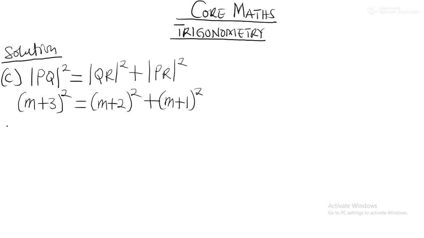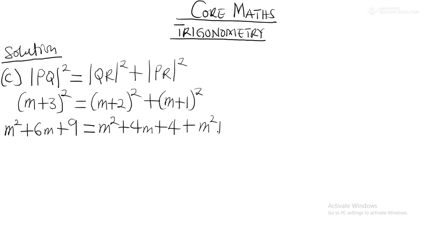So with this one, you're going to have m squared plus 6m plus 9, okay, equals m squared plus 4m plus 4, then plus m squared plus 2m plus 1. Okay, so this is what you are going to get.